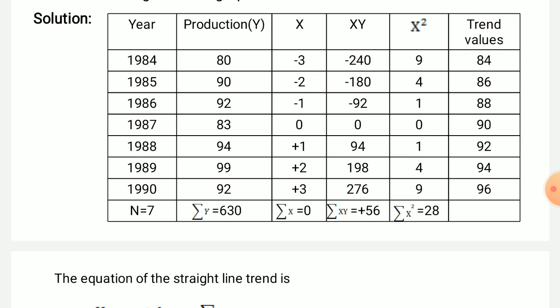Then x square: minus 3 whole square is 9, minus 2 whole square is 4, minus 1 whole square is 1, 0, 1, 4, 9. Sum of x square, sigma x square is equal to 28, sigma xy is equal to 56, sigma x is equal to 0, sigma y is equal to 630. Then n is equal to number of observations, here 7.